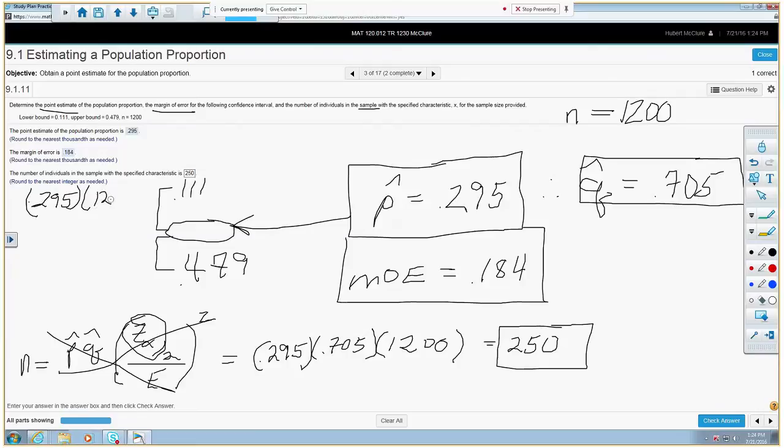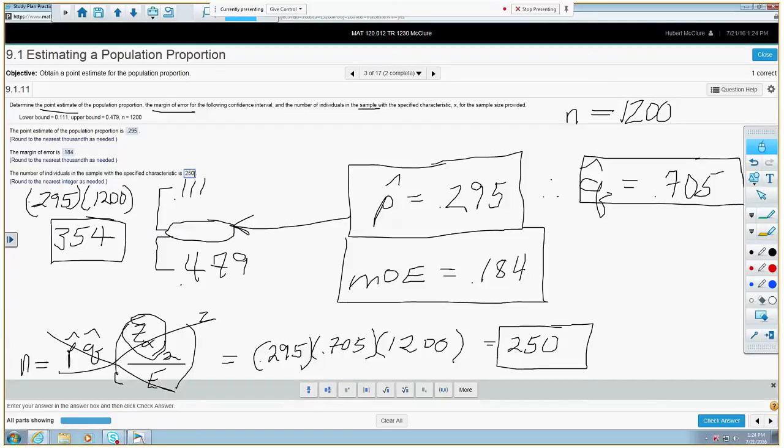I thought we were in the latter part of the chapter. 354, that's the right answer. We're in the early part of the chapter, so I forgot. In the first part of the chapter, you just multiply your percentage times your N. 354.